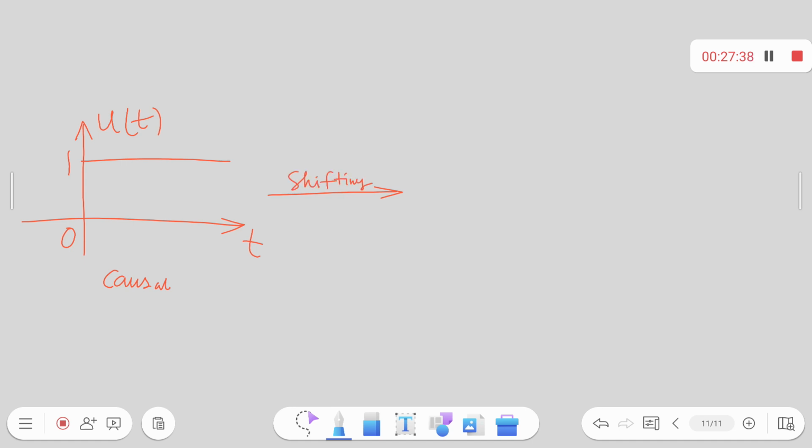How does it look? 1 at t equal to t1. What is that? Delay, so that is u of t minus t1. This is minus, not plus, because you have performed this on u of t. Shifting first, and then you reflect.